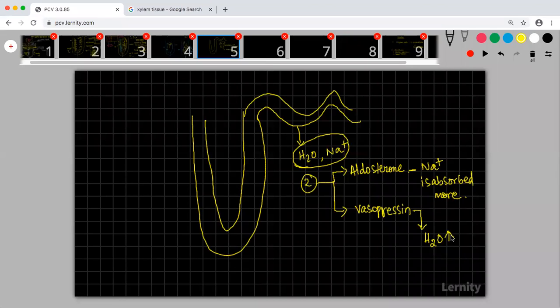These two things ensure that the urine is further concentrated, and when it is going into the collecting duct, it would be hypertonic. Your urine will have more salt and less water. Okay, so that is the case.